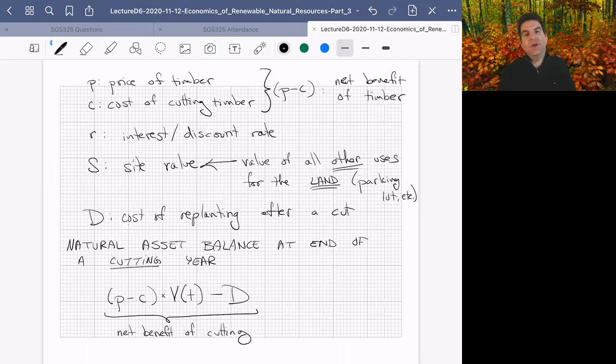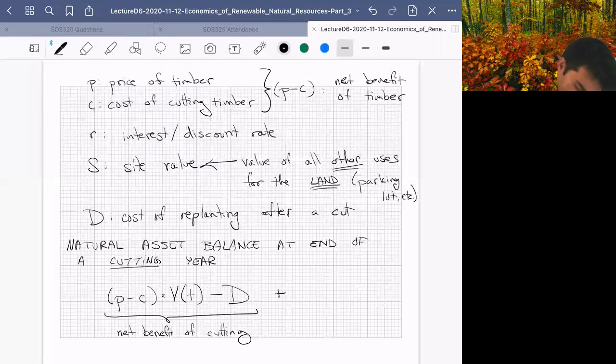But then the land is holding value because that land is an asset that we own. At any time, we could sell that land. So it's like dollars in the bank. It's like principal that is sitting in your bank account, just sitting there. At any time, you could take that principal out and do something with it. But you still have to account for the fact that you own that amount of money.